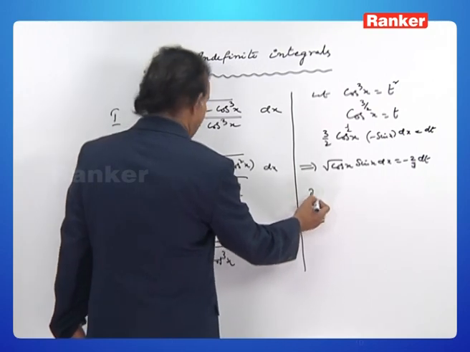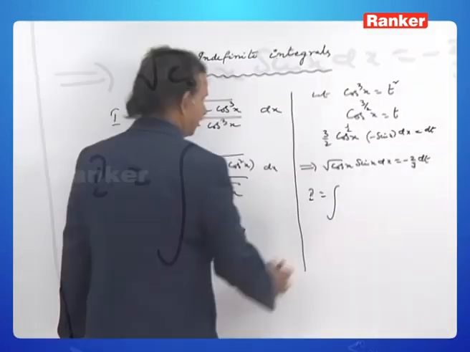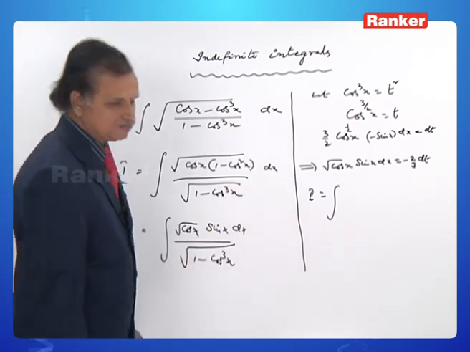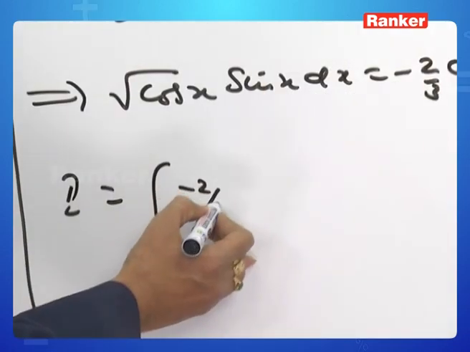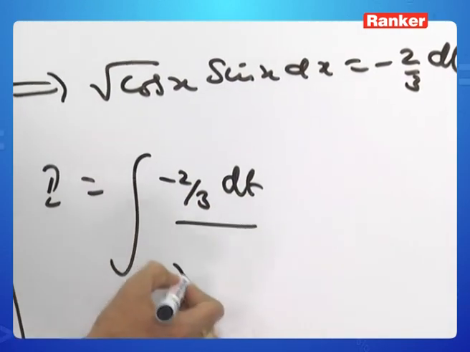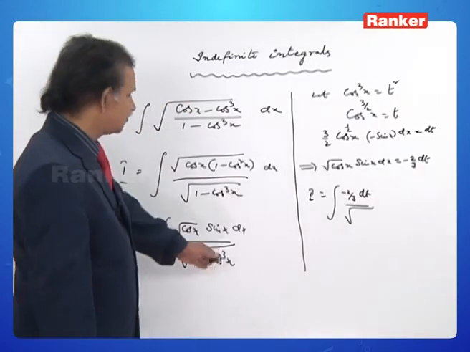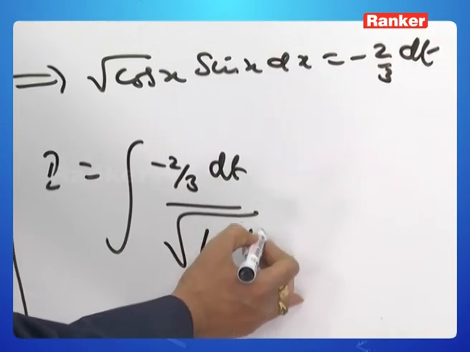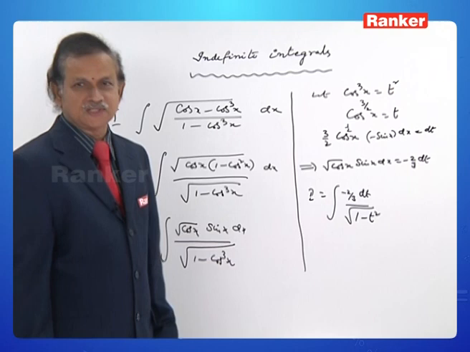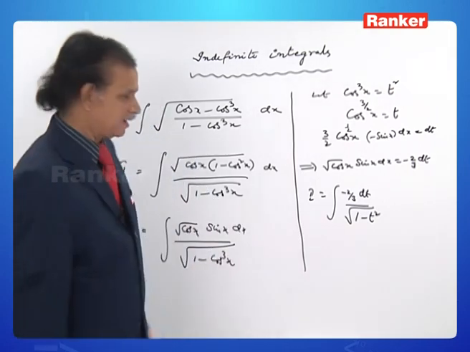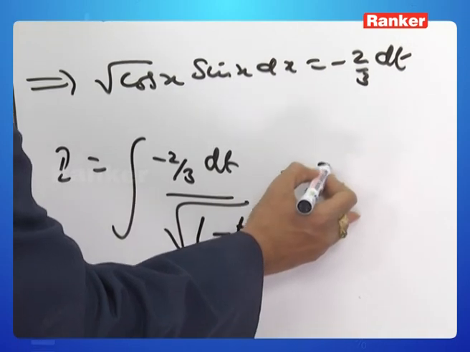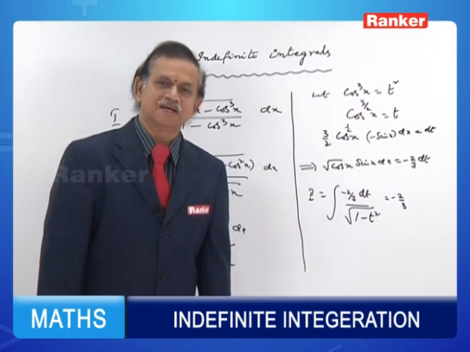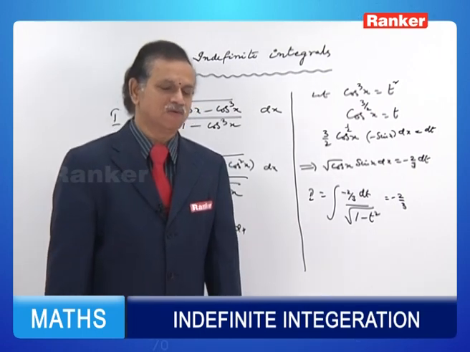Therefore, what is the fate of I? I is equal to integral of, come on friends, what is root cos x into sin x dx? It is minus 2 by 3 dt. Therefore, it is minus 2 by 3 dt by square root of, what is cos cube x? We have taken it to be t square, isn't it? Therefore, it is 1 minus t square, which is of course one of the most standard integrals. Minus 2 by 3 into, what is integral of 1 by root of 1 minus x square?